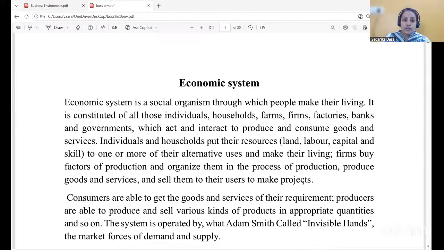Now, the individuals or households use these four factors of production, that is land, labor, capital, and organization, that is the skills, organize them in the process of production and produce goods and services. After manufacturing the goods and services, they will sell them in the market.